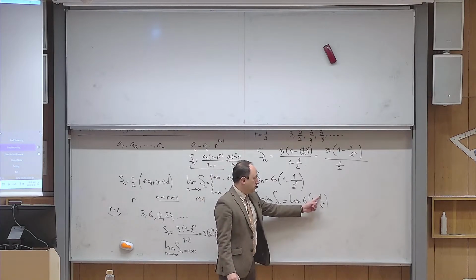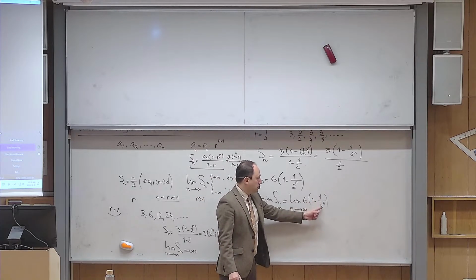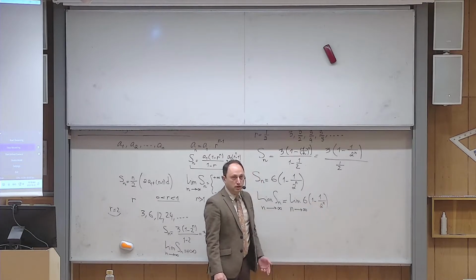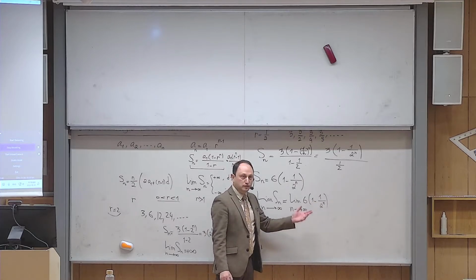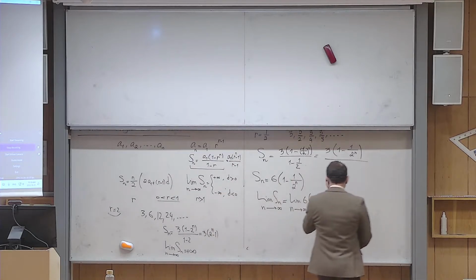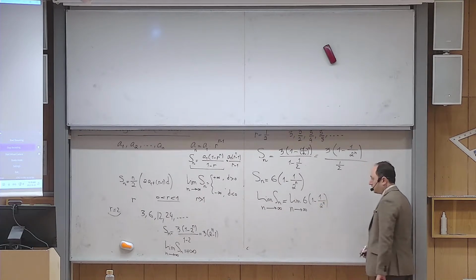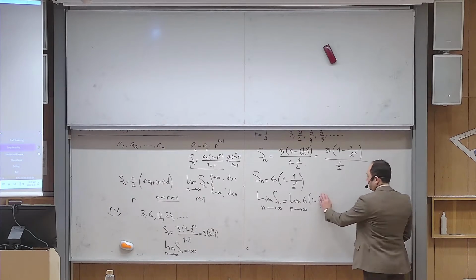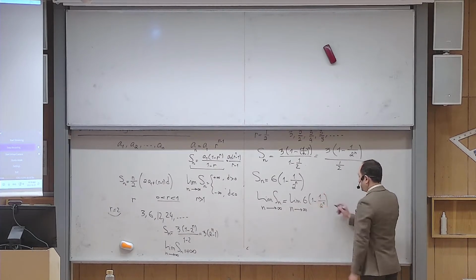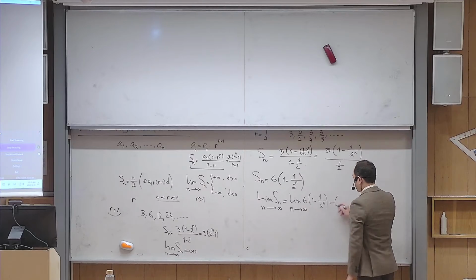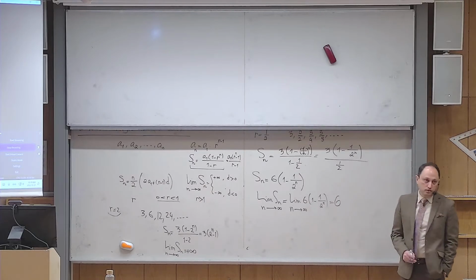But the numerator is a constant. When the denominator increases, every time I am dividing 1 by a bigger and bigger number. So when I send n to infinity, the denominator becomes infinitely large, and when I divide 1 by an infinitely large number, nothing is left. So the limit is 0. So the answer will be 6 times just 1, which is 6.